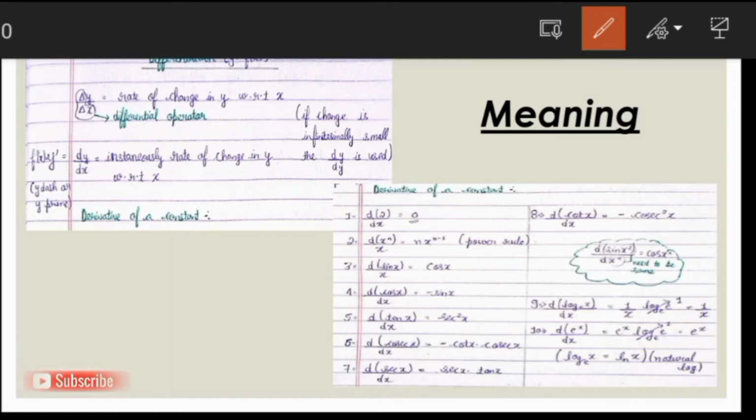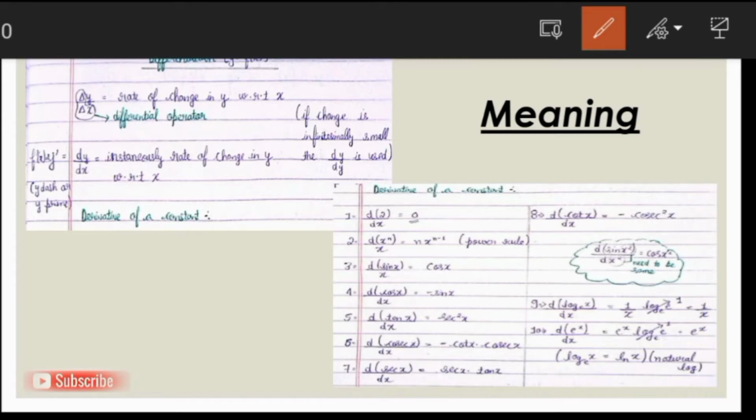Now let's see the differentiation of sin x. It's cos x. Don't mix it up with the integration part, it's reversed in integration. I will be providing a lecture on that. Now, the differentiation of cos x is minus sin x. Tan x gives sec square x.